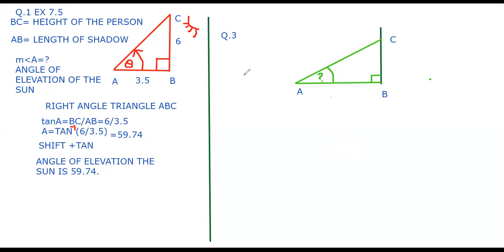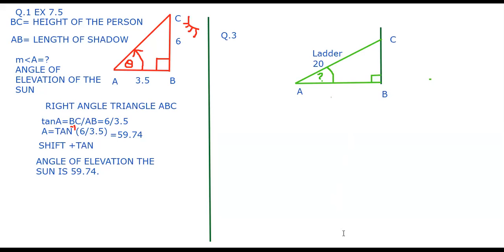First let me write according to dimensions. This is a ladder. Position of the ladder is right here. This is the ladder, and its length is 20 feet. 20 feet is the length of the ladder.